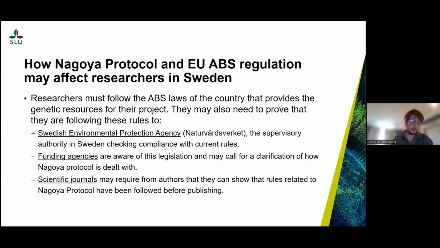This can be part of the ethical review, where you need to explain how these rules have been complied with. So I would say these 3 are the most common ways an individual research project can be affected by these rules. So it's not just up there; it's actually affecting researchers in their daily work.